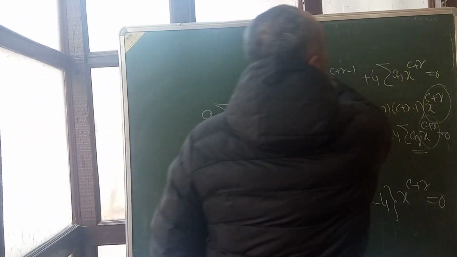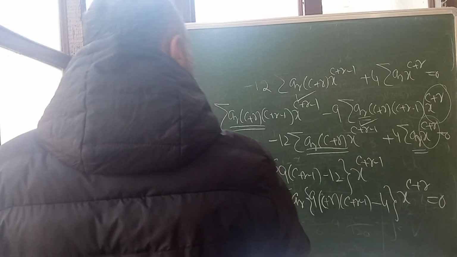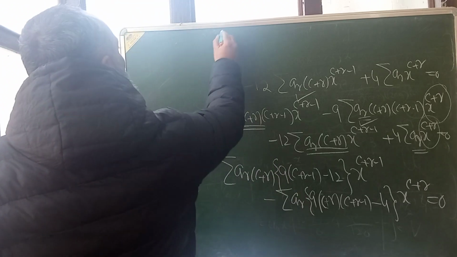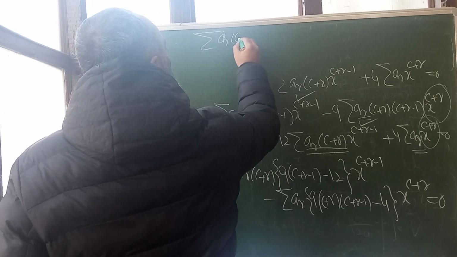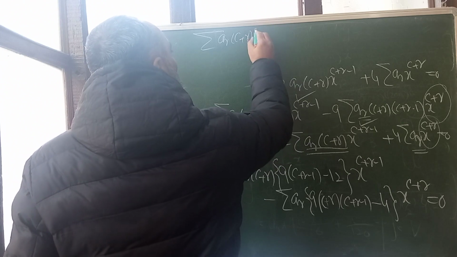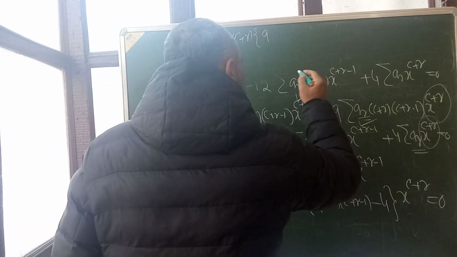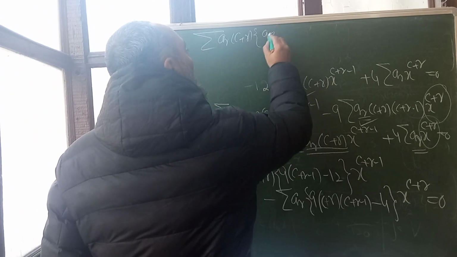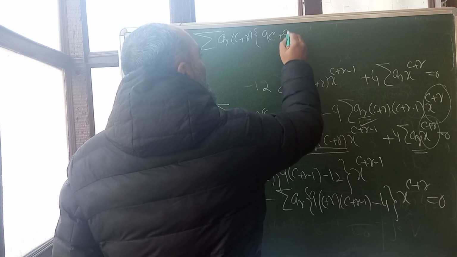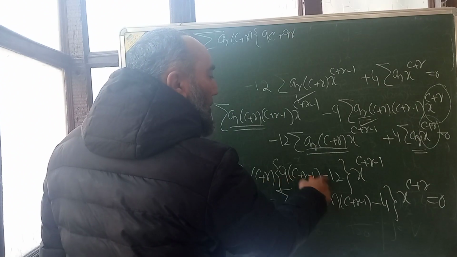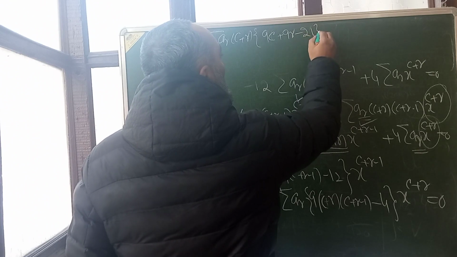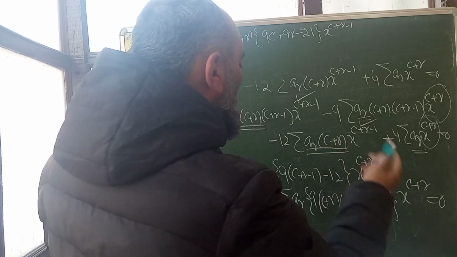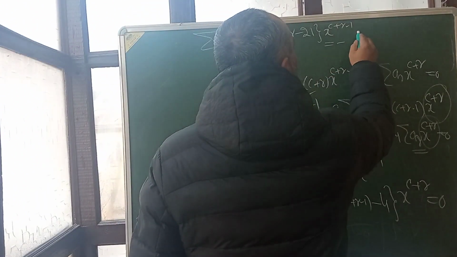What I will get? I will get summation ar (c plus r), 9c plus 9r minus 9 minus 12, so minus 21, x raised power c plus r minus 1 is equal to right hand side plus.